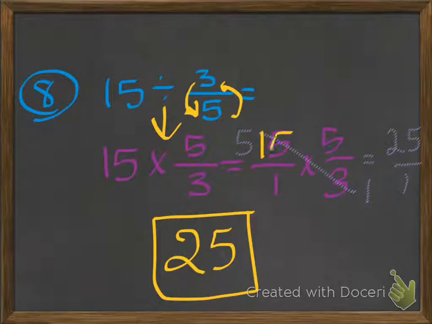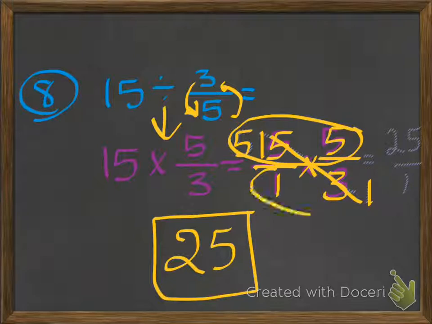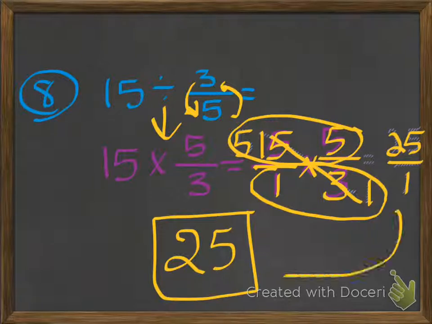Then I took 15, put it over 1, multiply times 5/3, and then I saw that I could cross simplify here. So I divided them by 3. 3 divided by 3 is 1. 15 divided by 3 is 5. Then I can multiply the numerators to get 25, multiply the denominators to get 1, and that leaves me with 25 over 1, which equals 25.